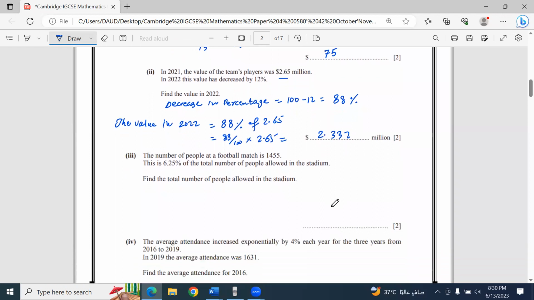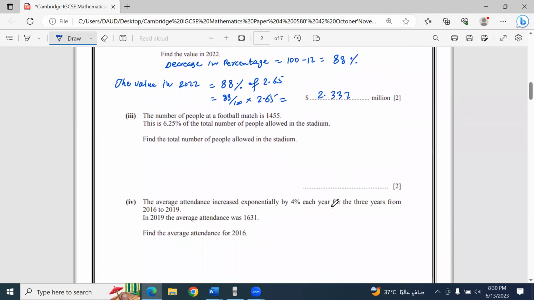Next, the number of people at a football match is 1,455. This is 6.25% of the total. It means the total we don't know. Let's suppose the total number of people allowed in the stadium is x. We are looking for the total number of people.